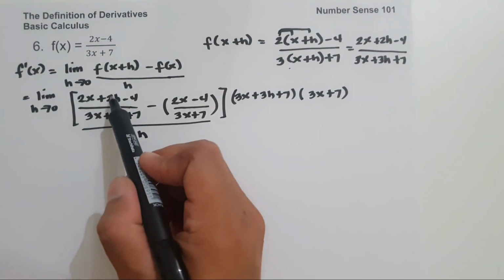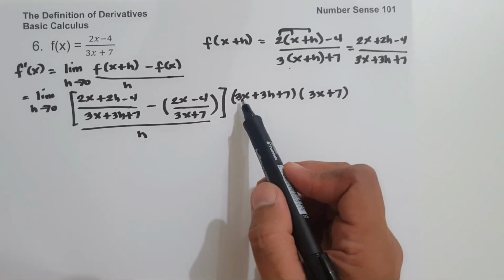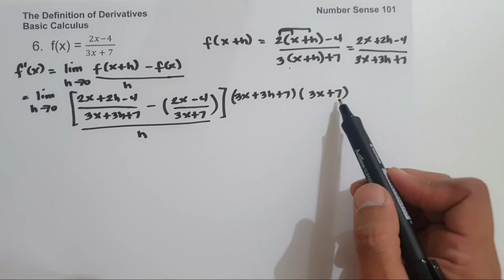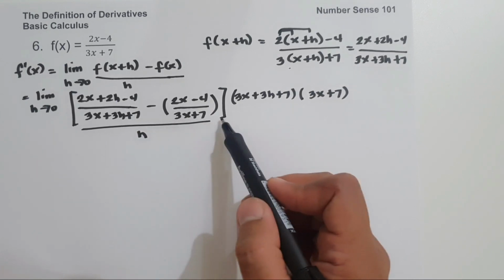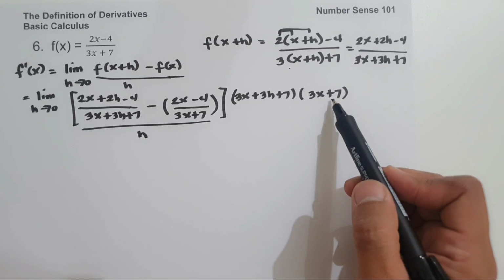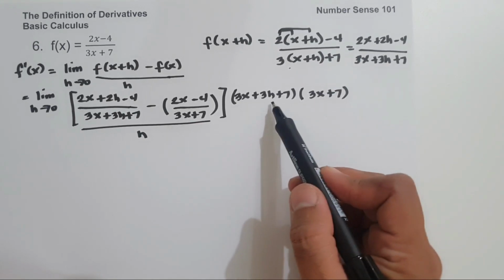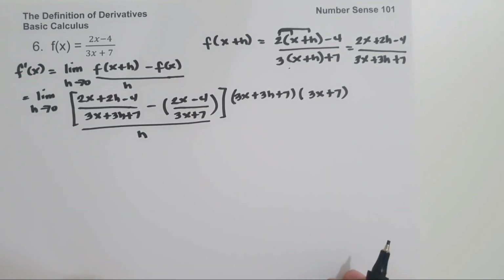If you multiply this expression by the product of the denominators, we are going to cancel 3x plus 3h plus 7, and you will end up multiplying 3x plus 7 by this expression. And same thing on this side, you can simply cancel 3x plus 7 and multiply 3x plus 3h plus 7 by 2x minus 4, and then distribute the negative sign.